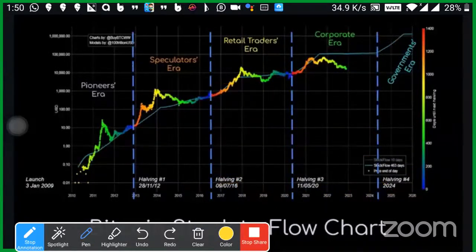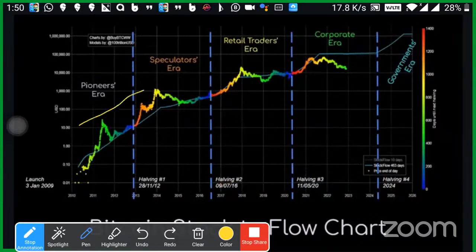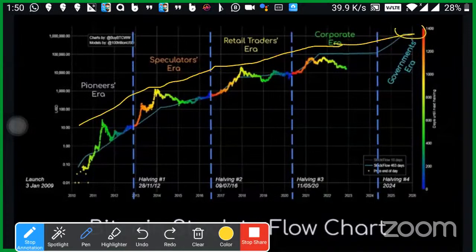That is truth. And I can give you more proof. The first proof is that all the all-time highs are higher than the previous one, right? So after the next halving happens, it will be more than 1 million. That is an estimate, right? That is a calculation, not a fake prediction. It is not a fake prediction.